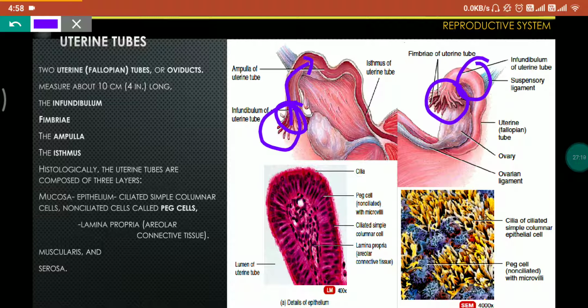The cilia help in the movement of the ova and fertilized egg into the tube and then the uterus. In the mucosa there is another layer called lamina propria, an areolar connective tissue, which connects the mucosa to the muscularis. The muscularis consists of smooth muscles, which help in the movements of the oviduct. The last one is the serosa, a serous layer surrounding the uterine tubes.